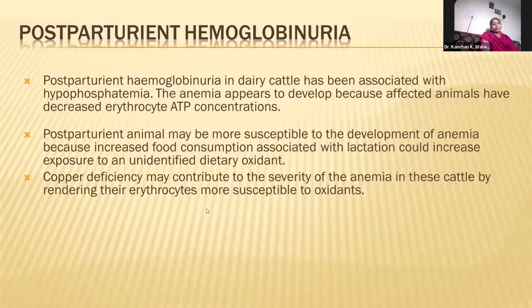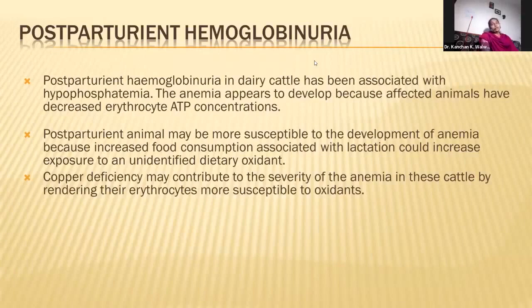Now, copper deficiency is also there, which may contribute to the severity of this anemia in case of hypophosphatemia, and that also causes lysis of the RBCs, because there are certain enzymes which need copper, and these enzymes are important for antioxidant properties in the body.